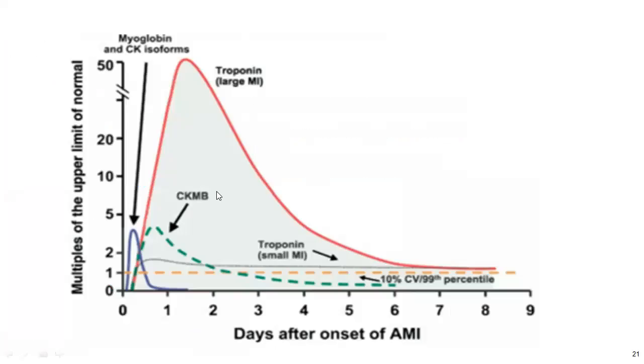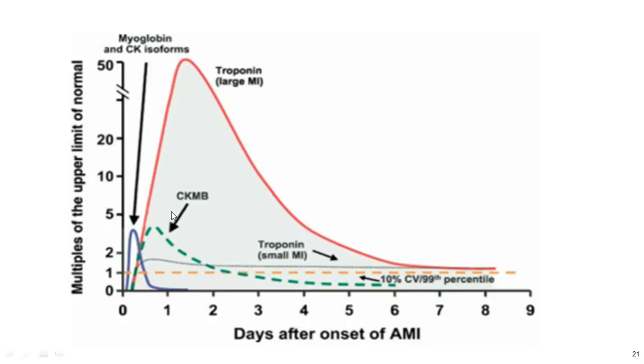In this graph, you can see the X and Y axis. Here is showing the days after the onset of acute MI. Here is showing the upper limit of normal for the cardiac enzyme.